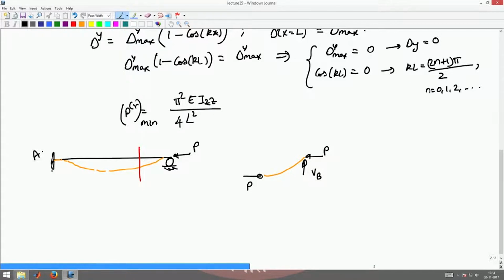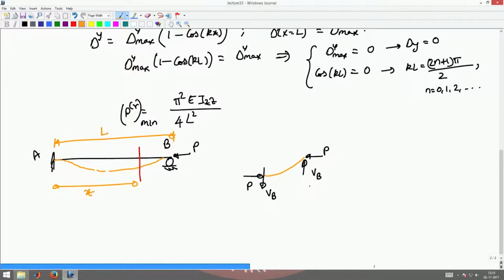Let us say this is A and B. There will be a vertical reaction force VB here. This is required to enforce the condition that the displacement at B is 0. Otherwise, there will not be a difference between a cantilever beam and a propped cantilever beam. This distance is x, and the length of the beam is L.